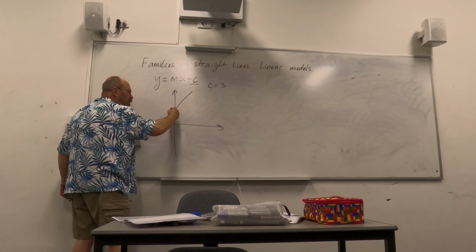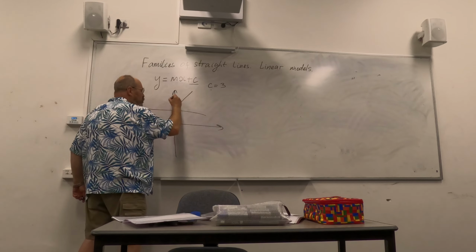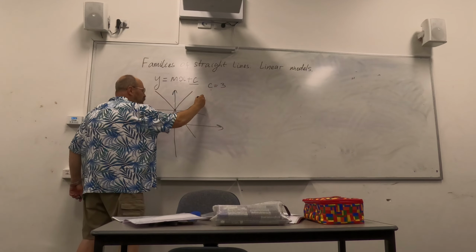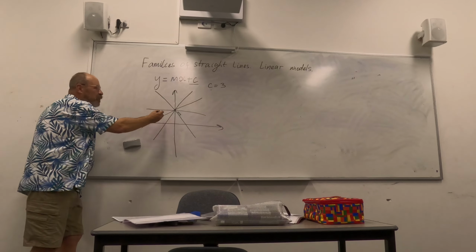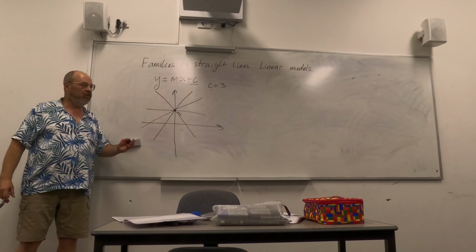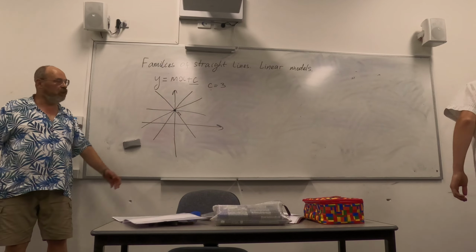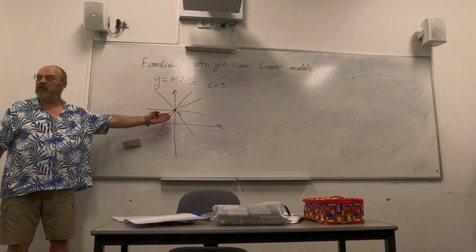Then any line going through (0, 3) is a member of this family. All those straight lines have in common the same y-intercept.